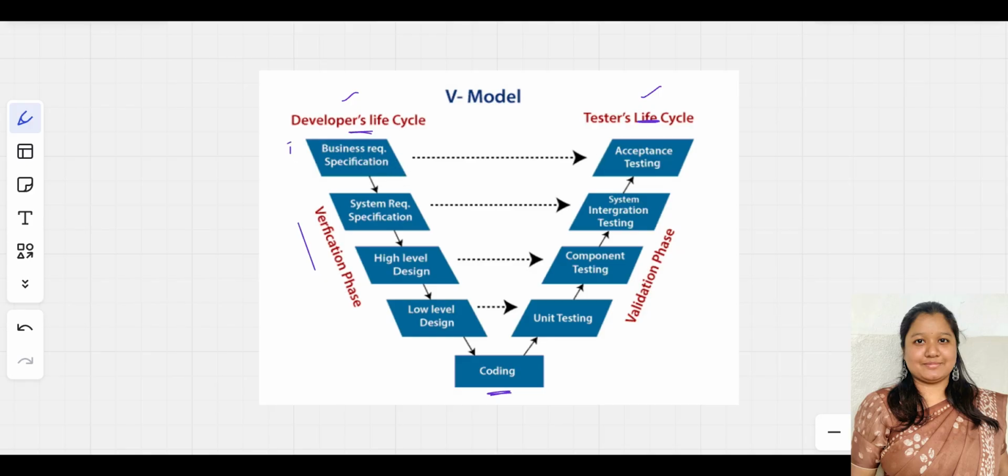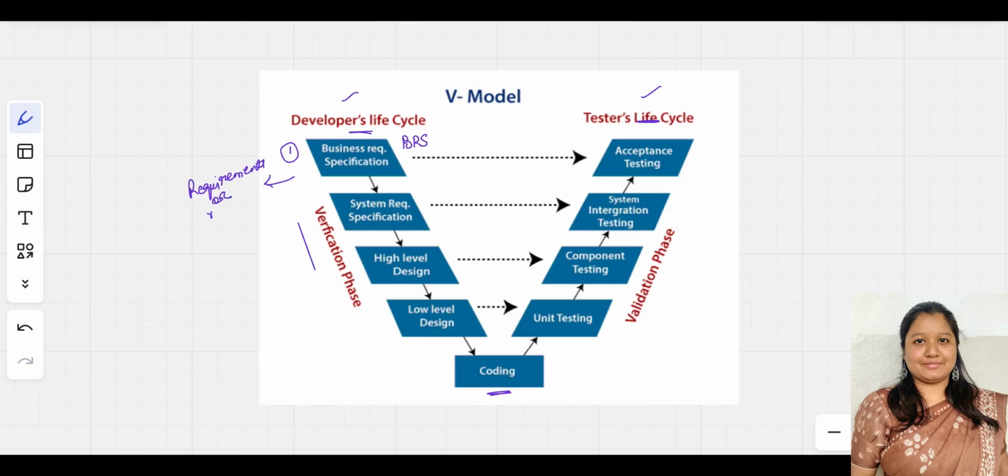The business requirement specification, also regarded as BRS, is the starting point of the V model. In this phase, the entire focus is on understanding the client requirement. What are the requirements or needs of the client?